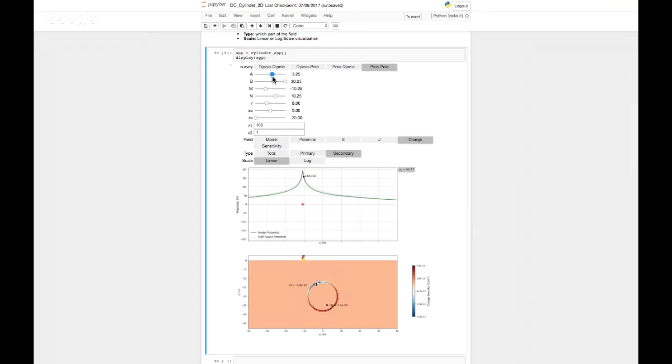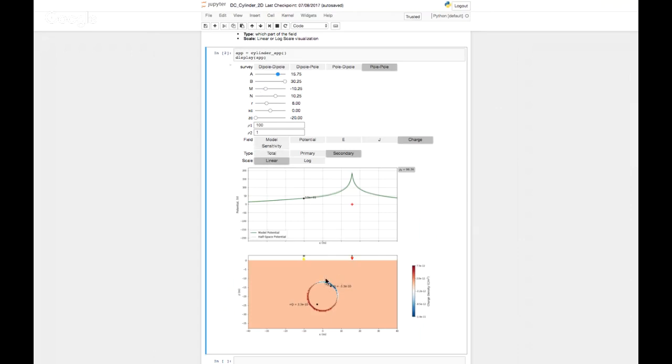You can see how, as the current electrode is over here, the current's coming in like that. So you start getting these negative charges, and as the current goes back and forth, these charges kind of flip back and forth. So that tells you a lot about the excitation and illuminating.